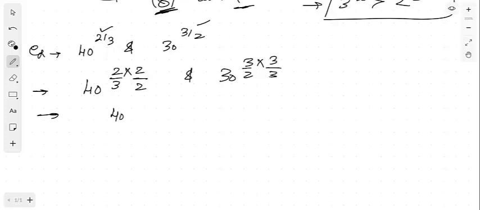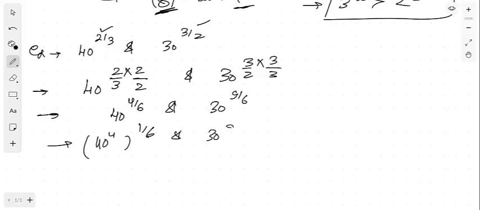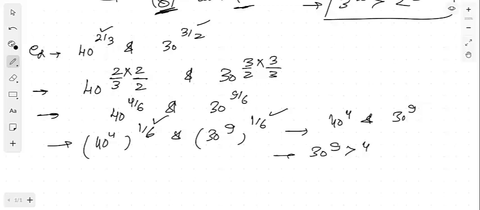Okay, now it is equal to 40 to the power 4 by 6 and 30 to the power 9 by 6. Okay, now 40 to the power 4 I have taken inside and 1 by 6 outside, and here also 30 to the power 9 I have taken inside and 1 by 6 outside. Now the powers are same, so we can compare directly 40 to the power 4 and 30 to the power 9, and it is clearly visible that 30 to the power 9 is greater than 40 to the power 4.